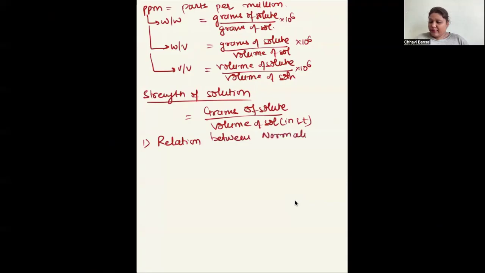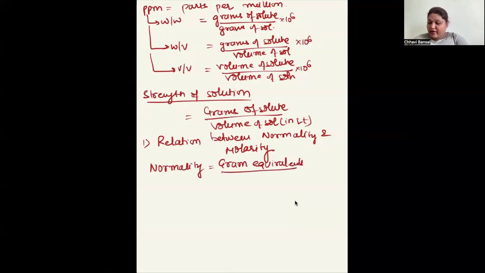So the first one is the relation between normality and molarity. What is the relationship between normality and molarity? Let's see. What is the formula of normality? Number of gram equivalents divided by volume of solution into 1000 if volume is in ml, right?